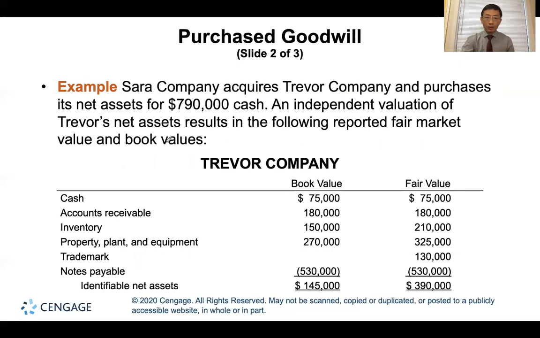The example shows the book value is $145,000 for this company. Fair value is $319,000. So if the price of this transaction is bigger than the fair value, we need to recognize the goodwill.